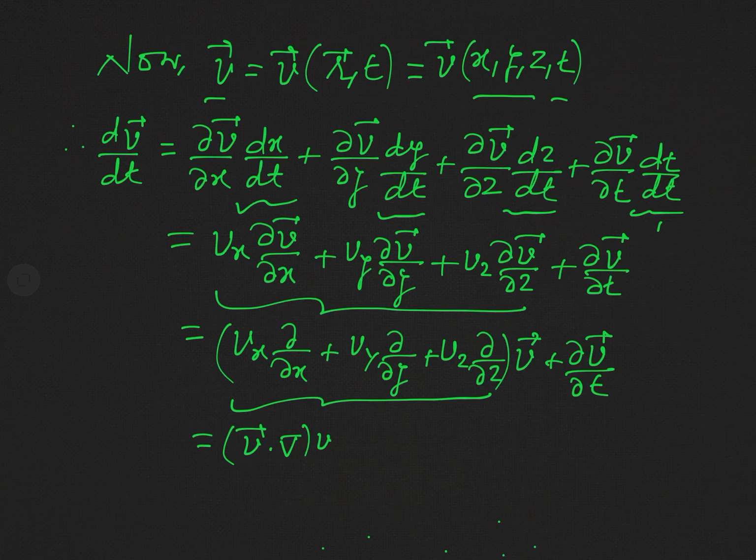So v dot del v and plus del v by del t. So what you see here, we have found that this acceleration dv by dt is actually equal to v dot del v plus del v by del t.